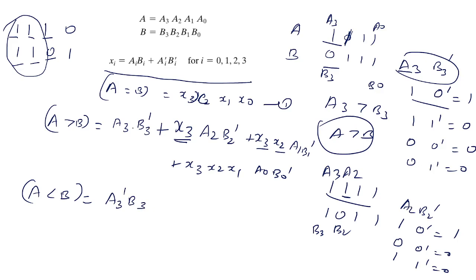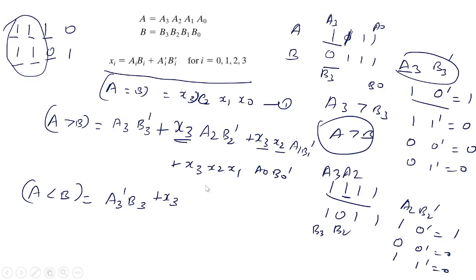So it is A3 prime B3 X3, A2 prime B2 X3 X2, A1 prime B1 X3 X2 X1, A0 prime B0. So this is the equation for A less than B.